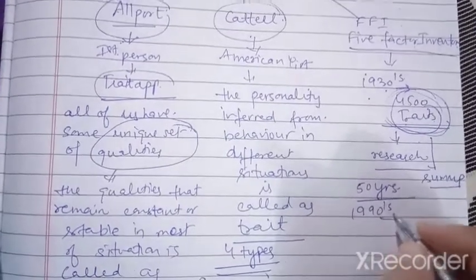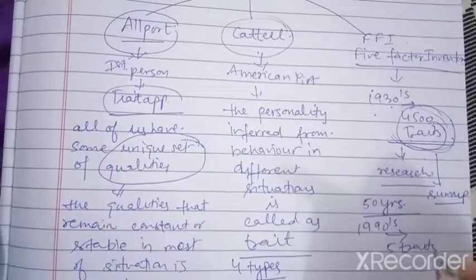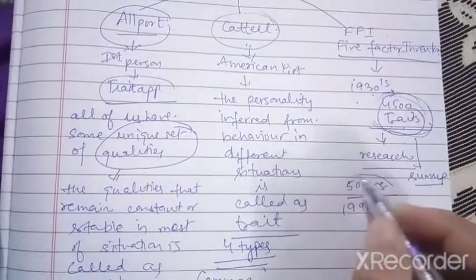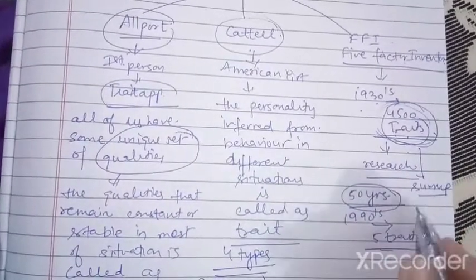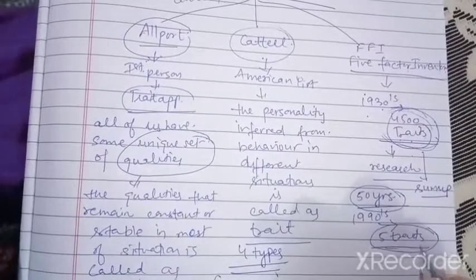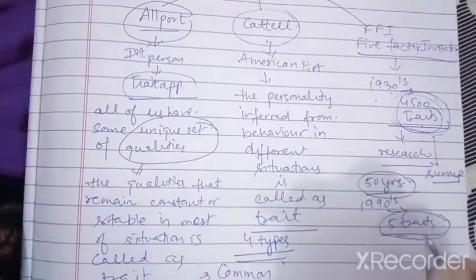Around the 1990s they were able to give five traits. On one side 4500 traits were there, and 50 years of research went on continuously, and at last they said that yes, the five factor inventory gives the five traits with the help of which we can assess someone's personality.